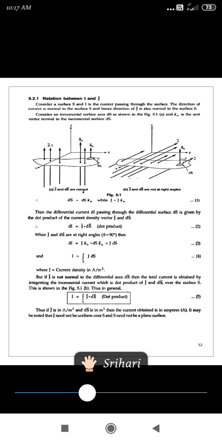Thus if J is in ampere per meter square and dS is in meter square, then the current is obtained in amperes.